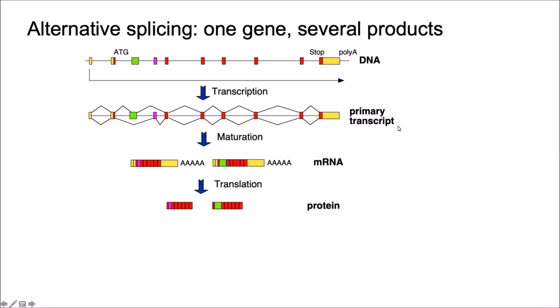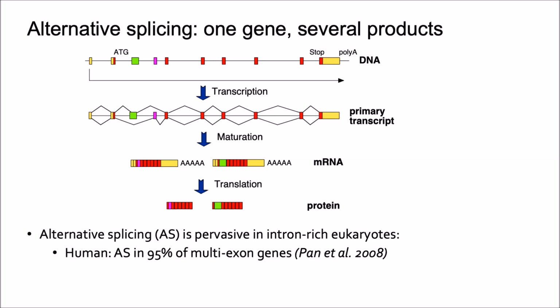You can have several molecules of primary transcripts that are spliced in a way to retain, for instance, this exon here, while some other primary transcripts will be spliced differently, retaining, for instance, this green exon. So through this process of alternative splicing, one single gene can express different proteins.